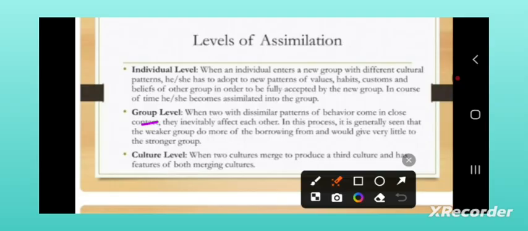Group level: when two groups with dissimilar patterns of behavior come in close contact, they invariably affect each other in the process of assimilation. Cultural level: when two cultures merge to produce a third culture that has features of both merging cultures. This process where a third blended culture emerges is often referred to as amalgamation or cultural fusion in sociology.